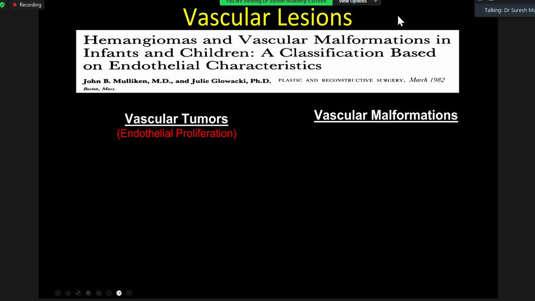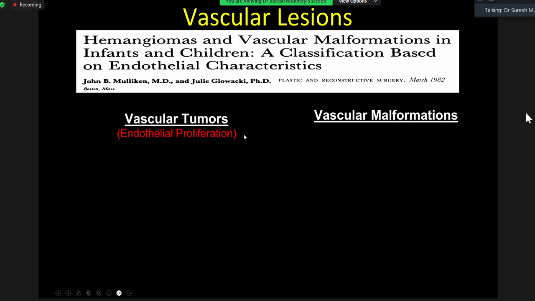And if you think things are confusing now, it was even more confusing back in the last century. What they did in this classic paper, Hemangiomas and Vascular Malformations in Infants and Children: A Classification Based on Endothelial Characteristics, is they were the first to subdivide vascular lesions in the head and neck into vascular tumors and vascular malformations.